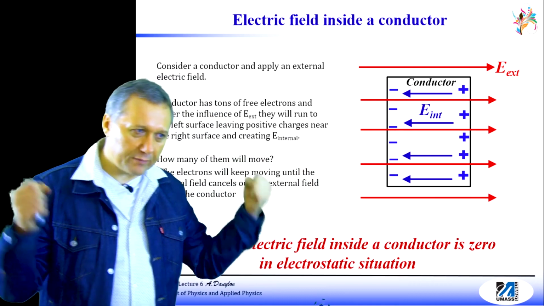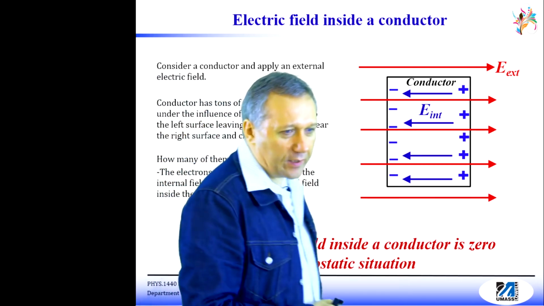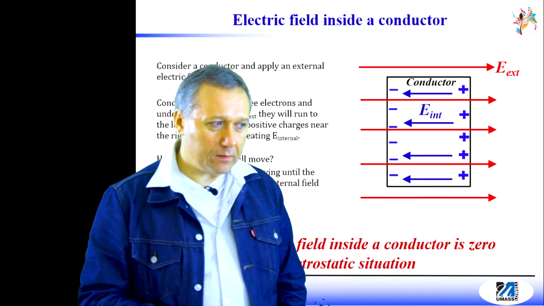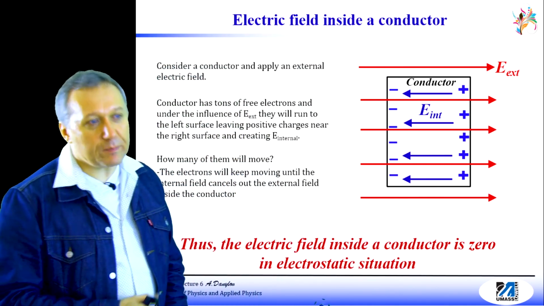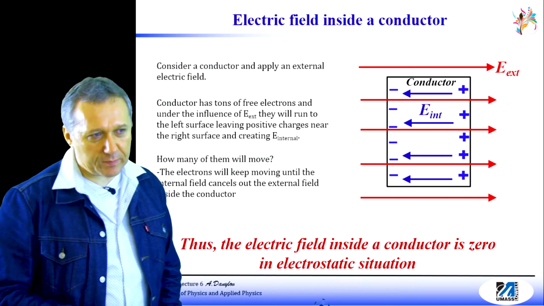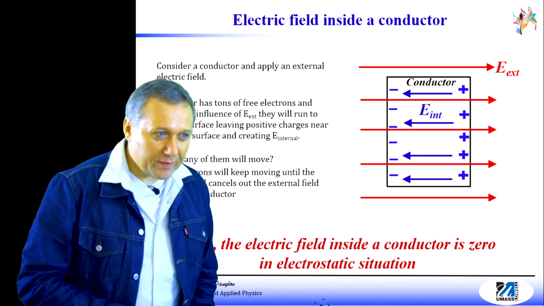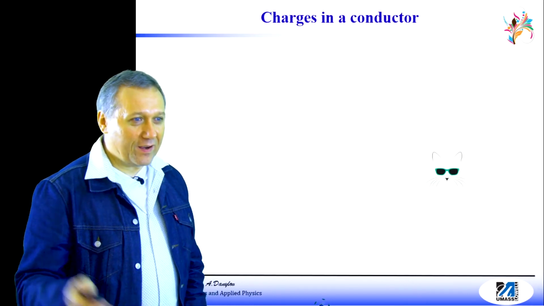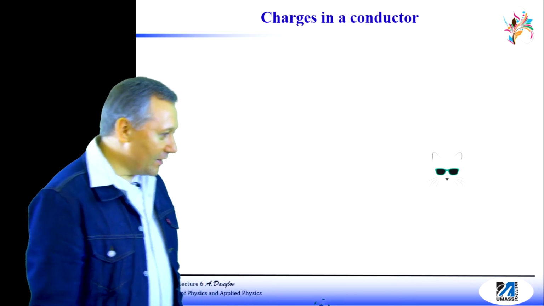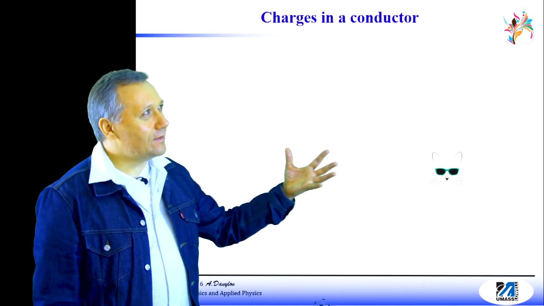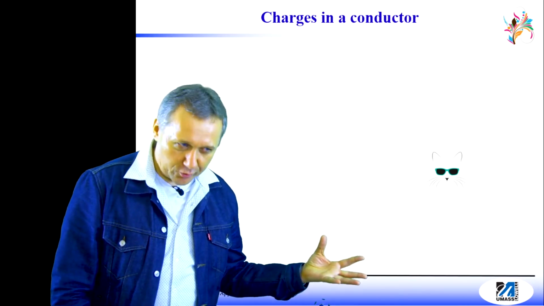Again, electrons, like brave soldiers or athletes, will keep running and running until the electric field becomes zero. Okay, so now next, what if, in the previous situation, a piece of a conductor was electrically neutral.